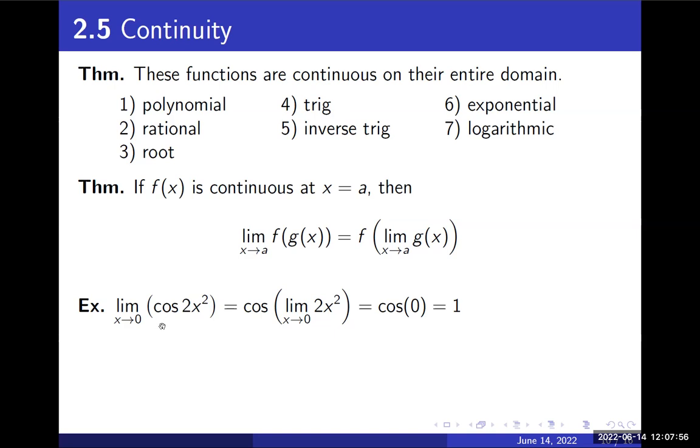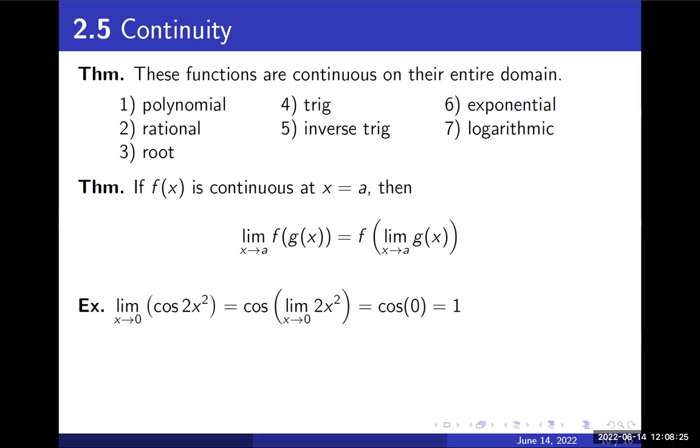So we could rewrite this limit as the cosine of the limit as x approaches 0 for 2x squared. Now, to take the limit for 2x squared, all we need to do is plug in. We know we're fine doing that. Plugging in here, 2 times 0 squared is 0. So we're taking the cosine of 0, and we can simplify that equal to 1 for our final answer.